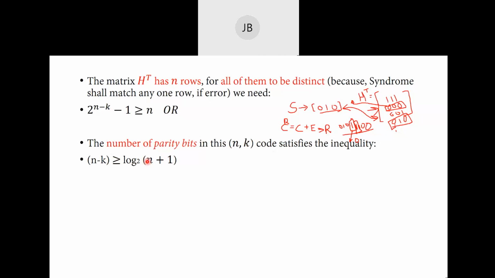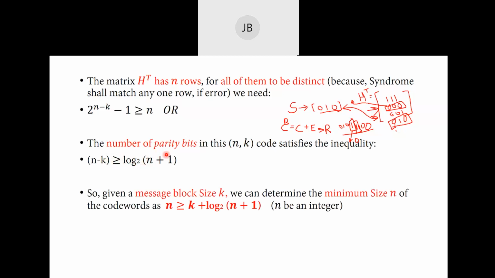Yes, because log 8 is 3, and log 7 is less than 3. So n minus k is 3. Again, we need to follow this relation, and in the previous example also it was satisfied.